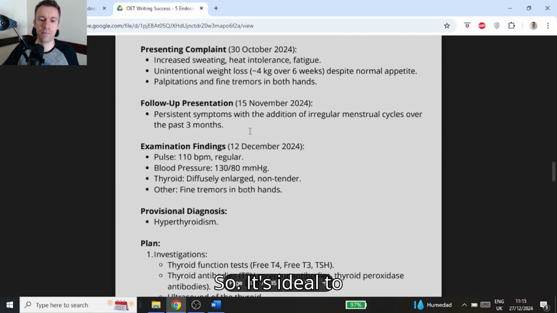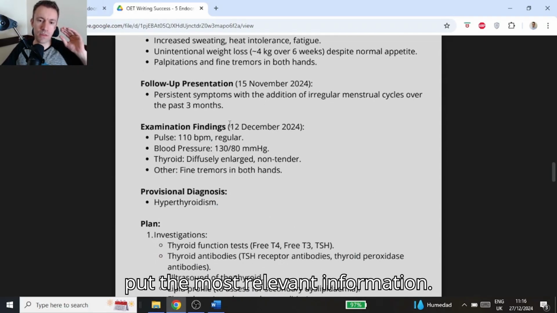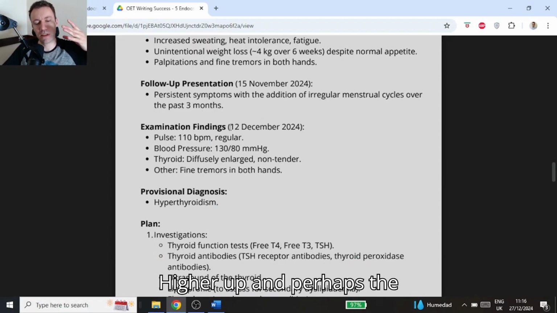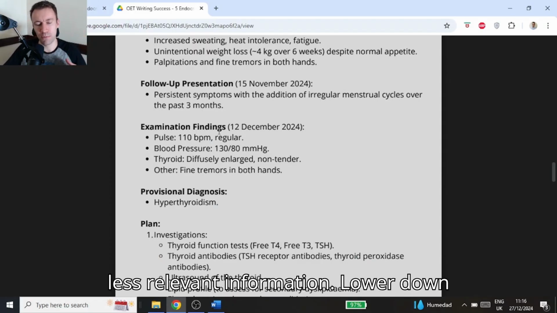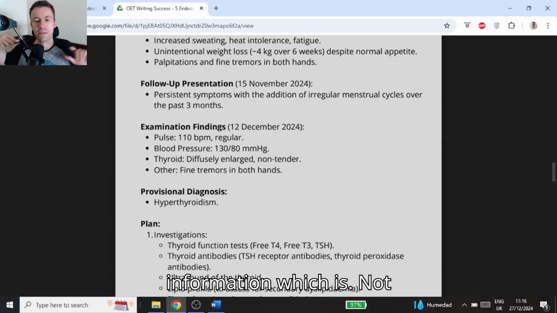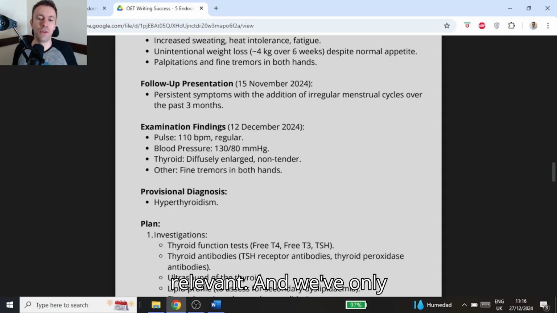So it's ideal to put the most relevant information higher up and perhaps the less relevant information lower down, and exclude all of the information which is not relevant. And we've only got 180 to 200 words to play with, so we have to be very selective about what we include because we don't have a lot of space.